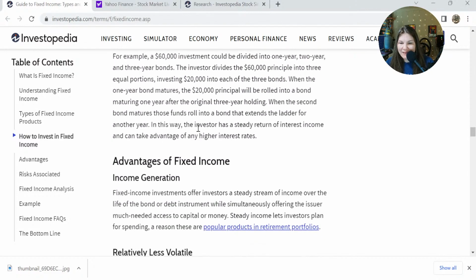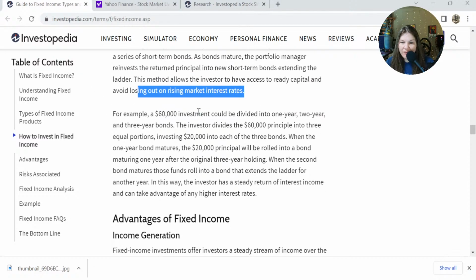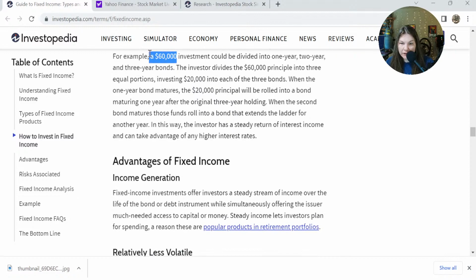So if you were to invest $60,000 at 5%, I got to grab out my handy dandy calculator. So 60,000 times 5%, $3,000. So if you invested $60,000 at a 5% interest rate, that would make you $3,000.